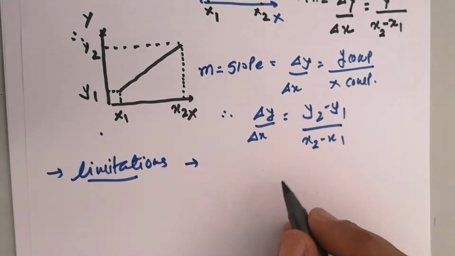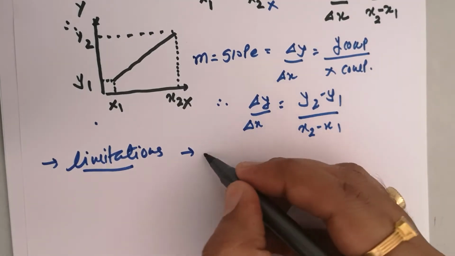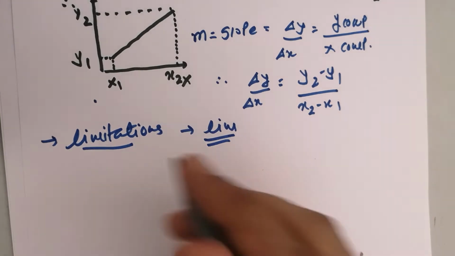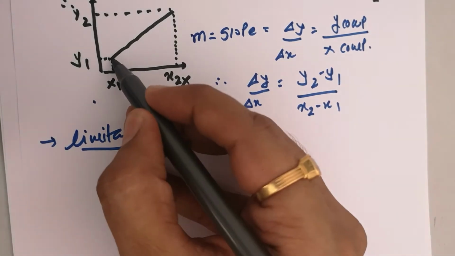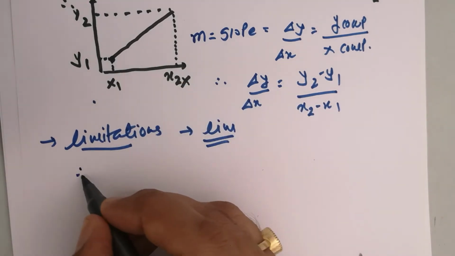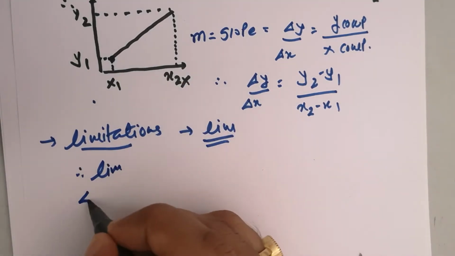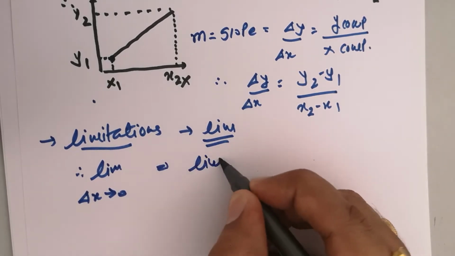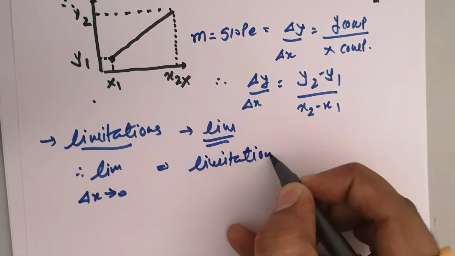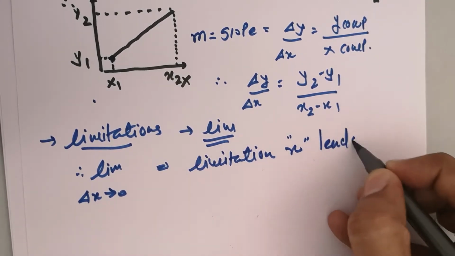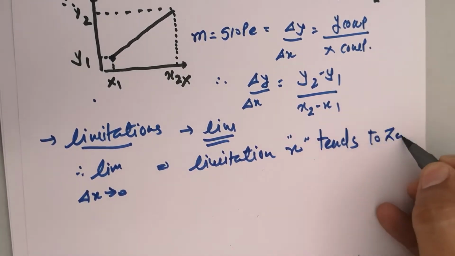Limits are shown with the help of one notation. It is called lim. As per lim, it starts with the initial point, starting from the point 0. So we can say limit delta x tends to 0, which is read as limit delta x tends to 0.